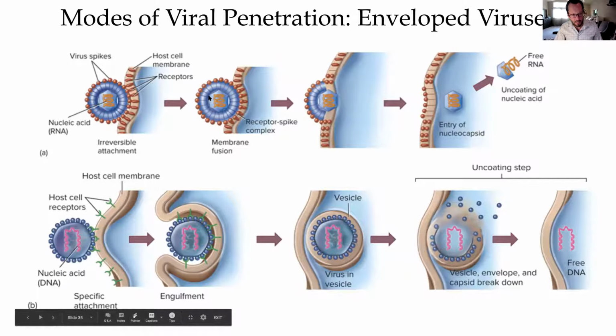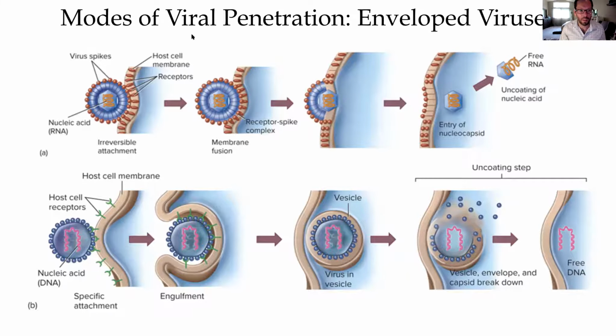In the top example, what you're looking at is the virus binding and then really just pushing the capsid inside the cell. So the whole virus itself isn't enveloped into the inside of the host cell. It just binds and then pushes in its capsid containing the genome, and then that uncoats.